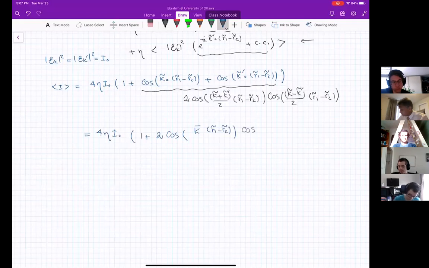Then the other term is cosine of the difference between the k's, which I call delta k, divided by 2, dot (R1 minus R2). Okay, so now can you tell me which one is fast oscillating?